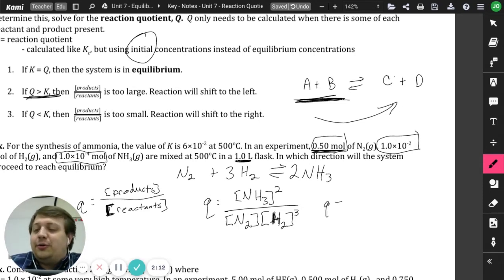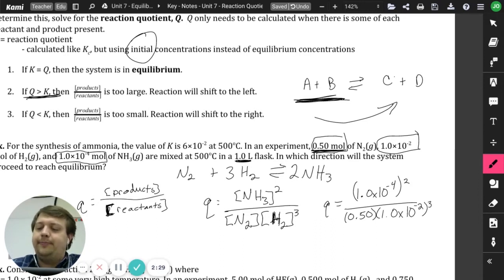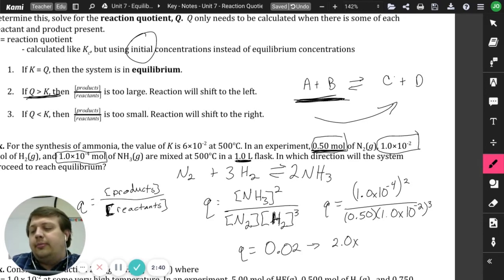So then we would do Q equals 1.0 times 10 to the negative 4, all of that squared, divided by 0.50 times 1.0 times 10 to the negative 2 cubed. I plug that into my calculator, and what I find is that my Q equals 0.02, which, when we rewrite that, is 2.0 times 10 to the negative 2.